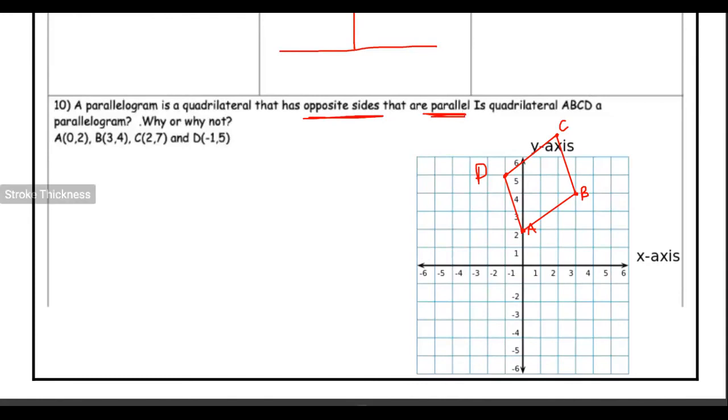So what are our two pairs of opposite sides? DC is opposite AB. So we need to know, is DC parallel to AB? Okay. And then we also need to know if DA is parallel to CB.